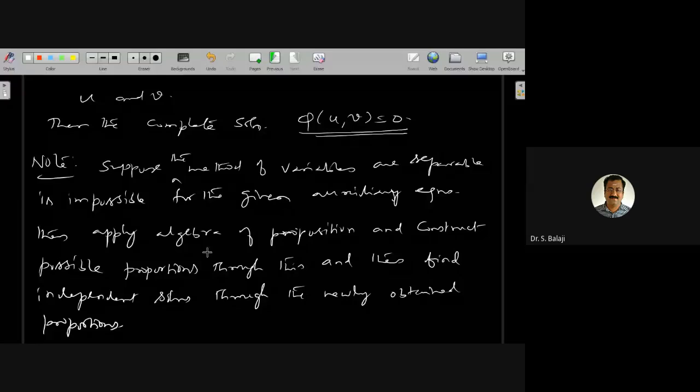Then apply the algebra of proportions, construct possible proportions through this, and then find independent solutions through the newly obtained proportions. This is one way here.